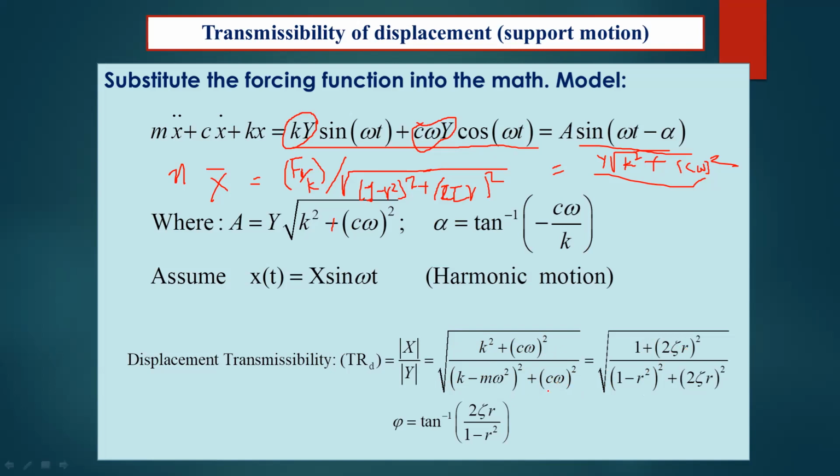So this is the simplified representation, and it is known as displacement transmissibility.